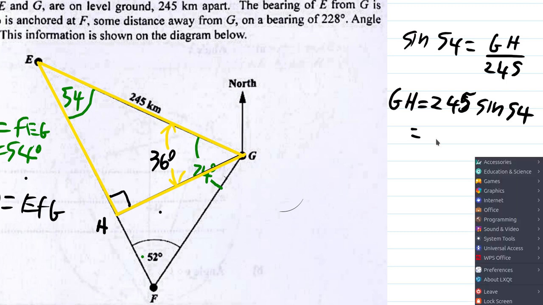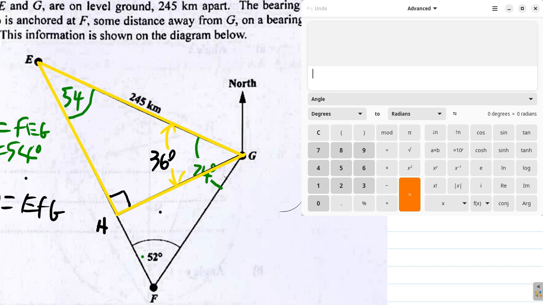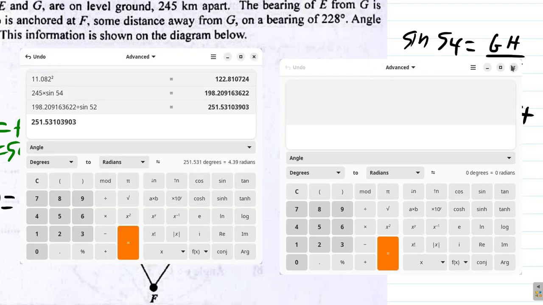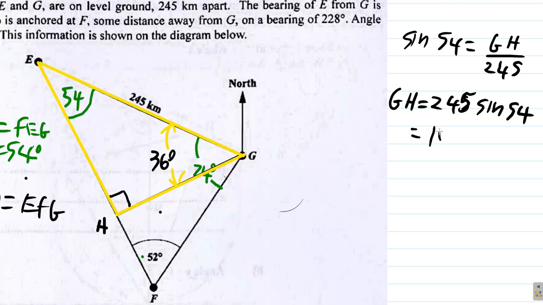Let's calculate that. 245 times sine 54 equals 198.21. 198.21 kilometers would be that distance.